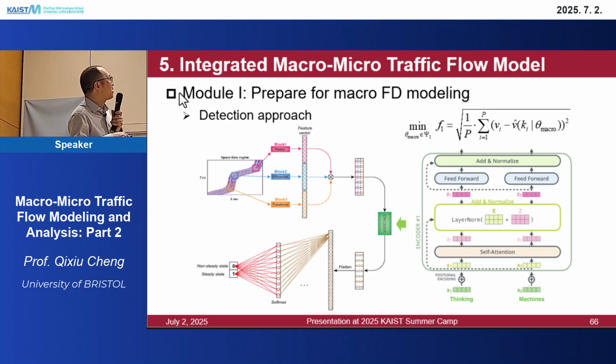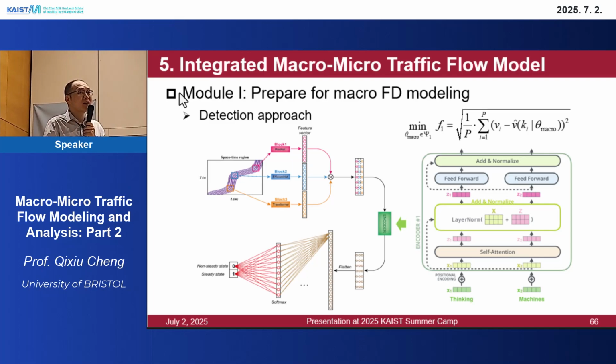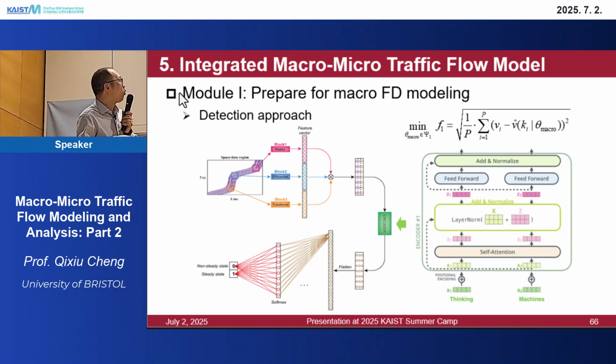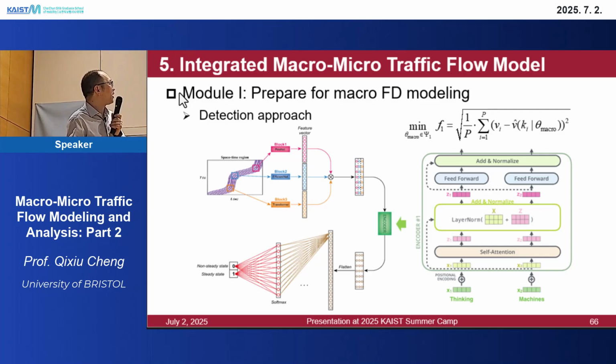So we will extract the features from these small cells and use an encoder, decoder, and then softmax for classification. The result is we can obtain whether this cell is in non-steady state or in steady state. This is the output. So this is a classification problem.